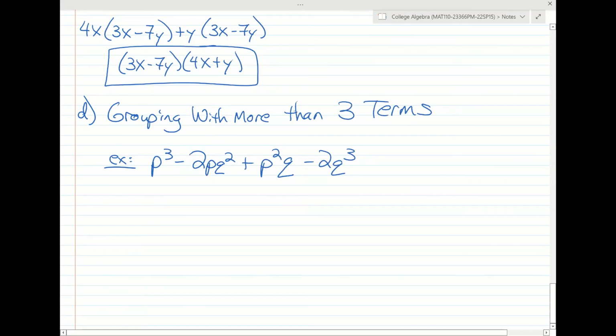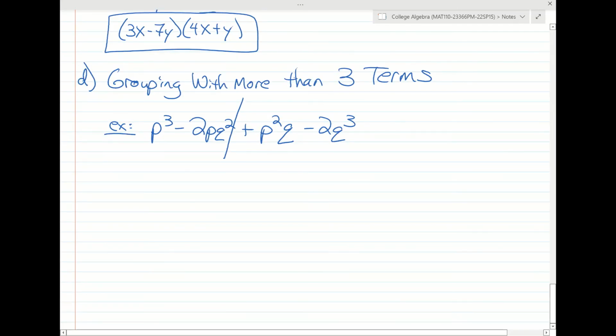And again, I might sound like a broken record, but that's by intention. If you have 4 terms, we factor by grouping. Cut it down the middle, take out the GCF of each half. If you have 3 terms, you do that AC method with the x. So this has 4 terms. Looks like we could take out a p, and we're left with p squared minus 2q squared.